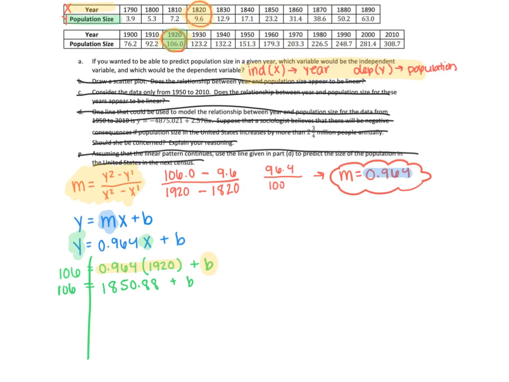From there, you want to subtract that number from both sides to isolate your variable. Over here it cancels and you're left with b equals negative 1,744.88. Okay?